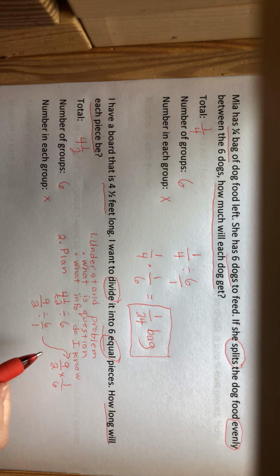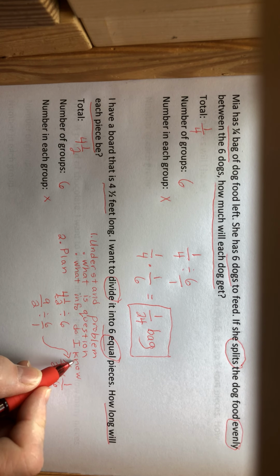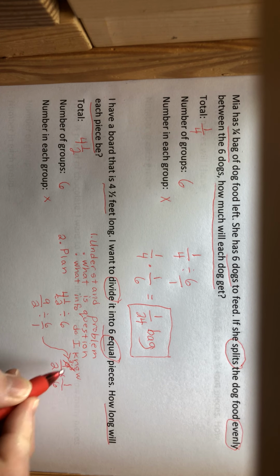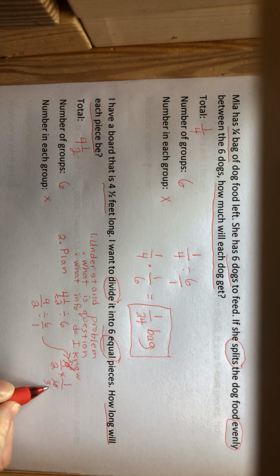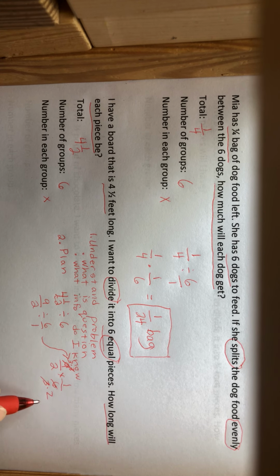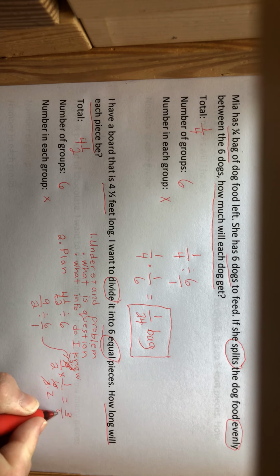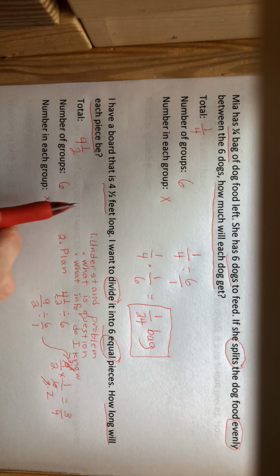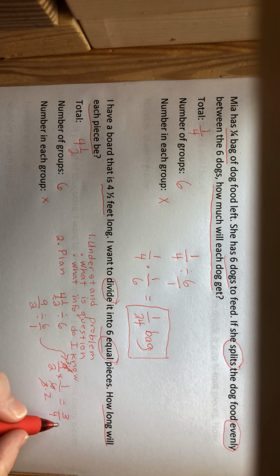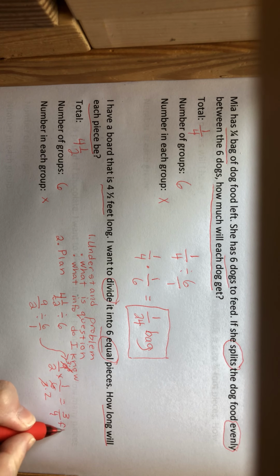And of course, I'm always welcome to cancel or simplify before I get started. So this is 3 times 3, and this is 3 times 2. I get rid of the 3's. I have a 3 and a 2 left, and it equals 3/4. Now, what were my units? Feet. Don't forget units on math problems.